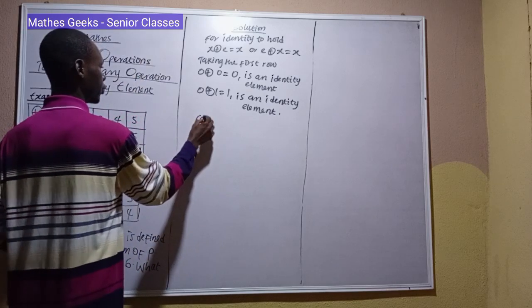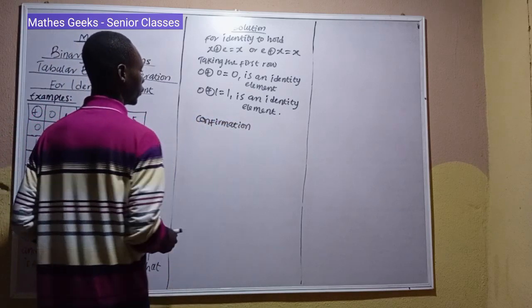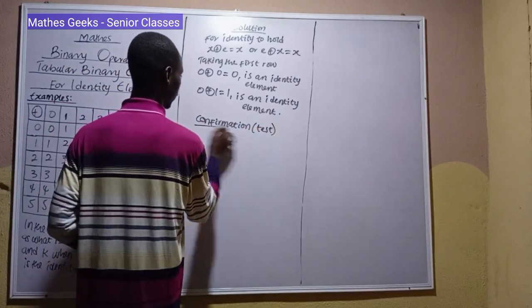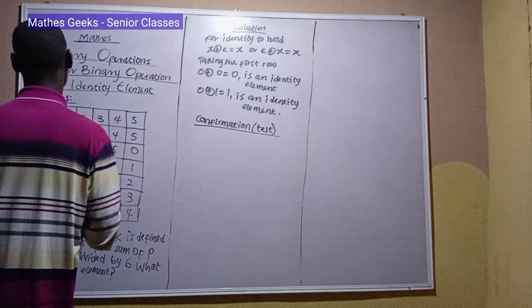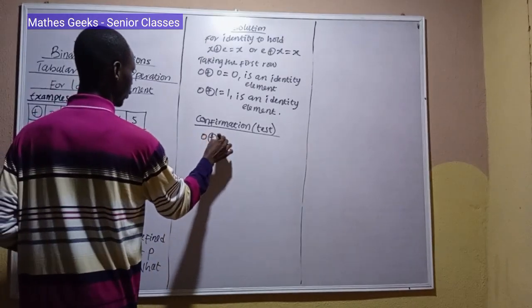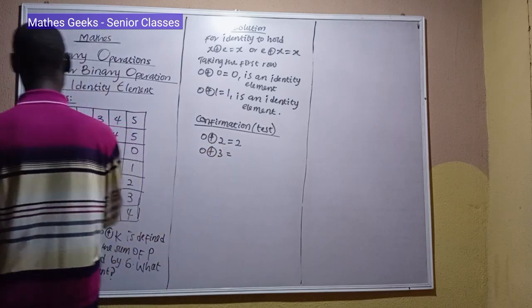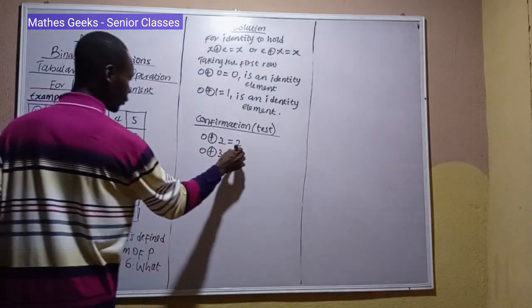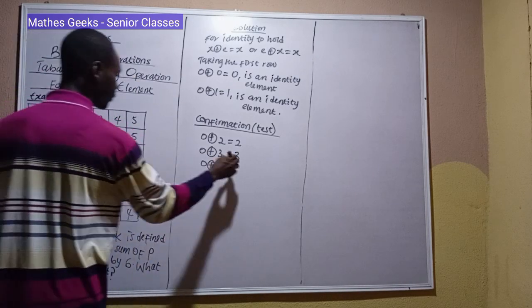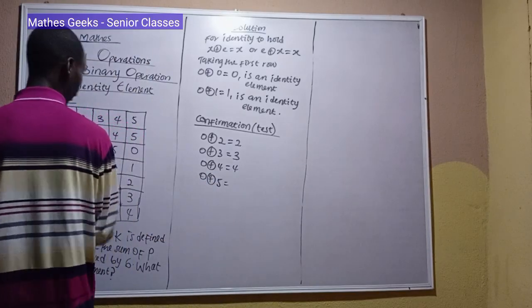Let's run our further confirmation test. So 0 operation 2 gives us 2. 0 operation 3 is 3. 0 operation 4 is giving us 4. 0 operation 5, what is it giving us? 5.